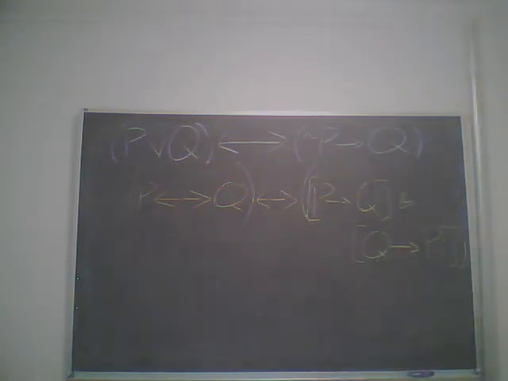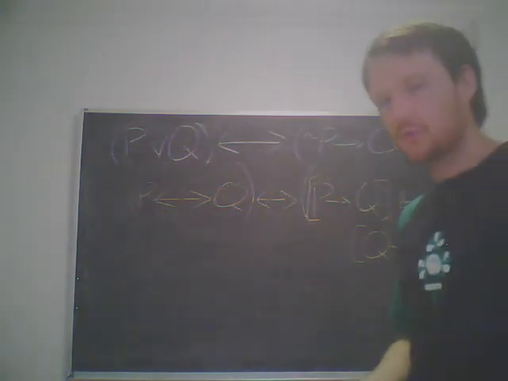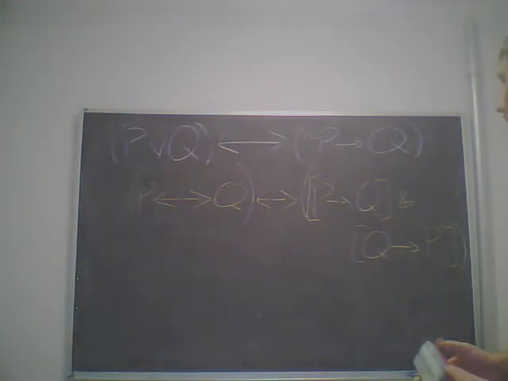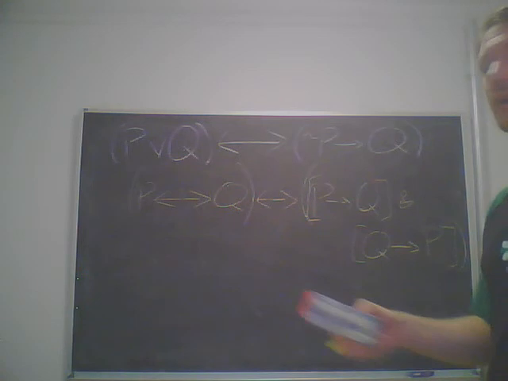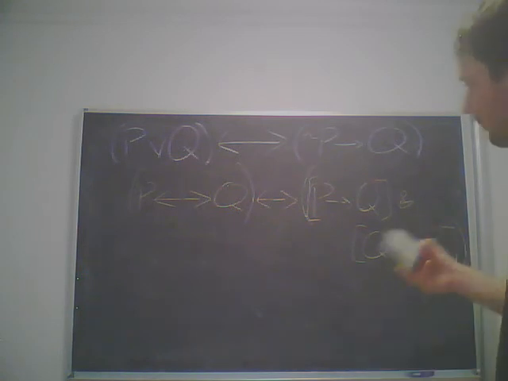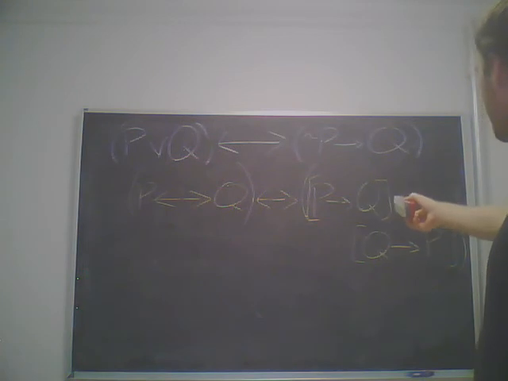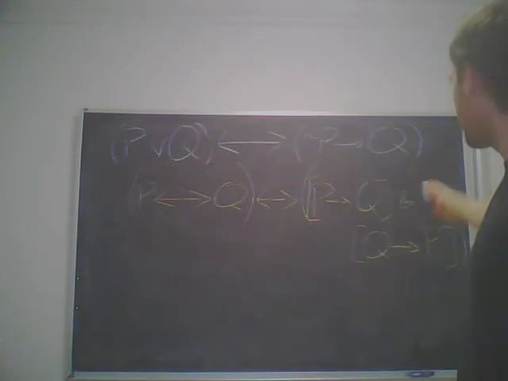I ran out of room at the end, but P if and only if Q is equivalent to if P then Q and if Q then P. You should do the truth table, verify this, and once you have, you can see that you can always express something in terms of the biconditional just using the conditional and conjunction.